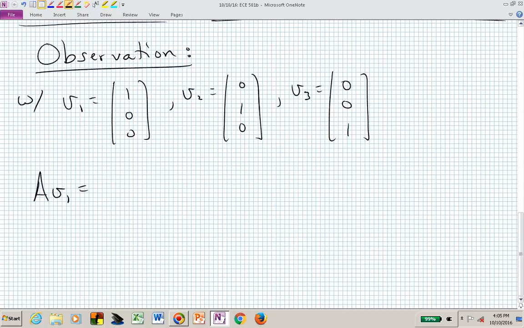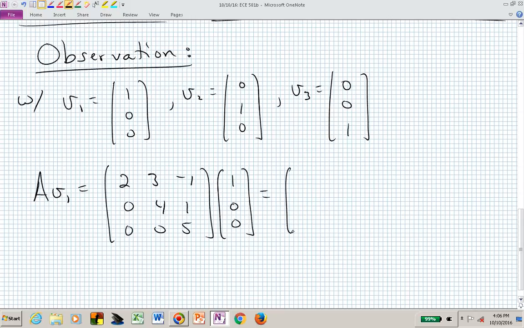What happens when we operate on our first basis vector with this linear map A, where A is 2, 3, minus 1, 0, 4, 1, 0, 0, 5? It's helpful to think about matrix vector multiplication as saying: let me just take the first column of that A matrix, and that's all I'm going to take as my product.